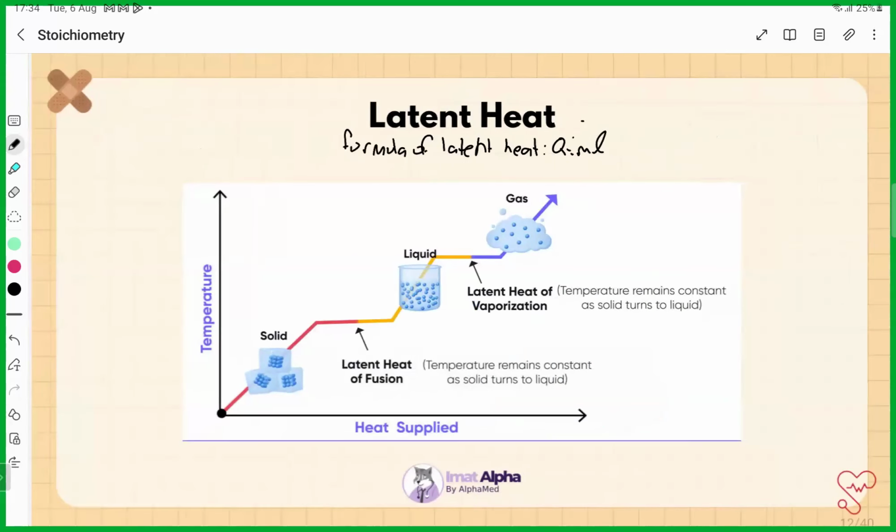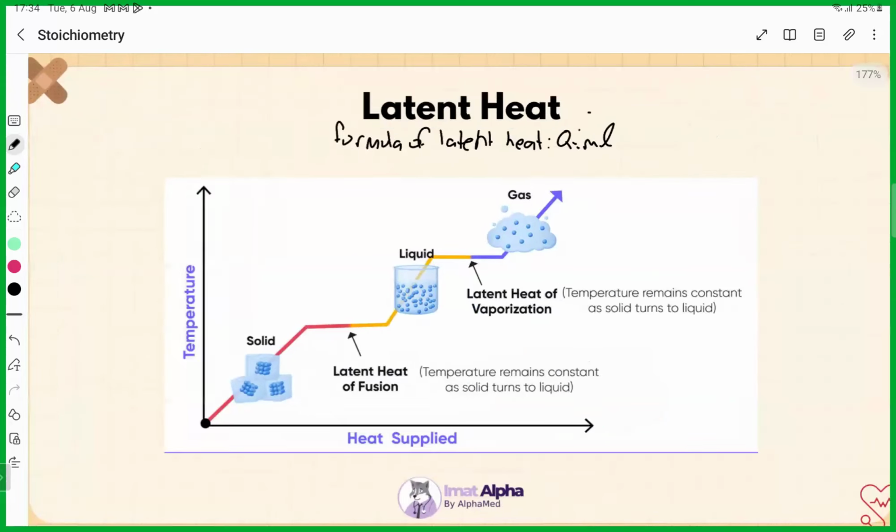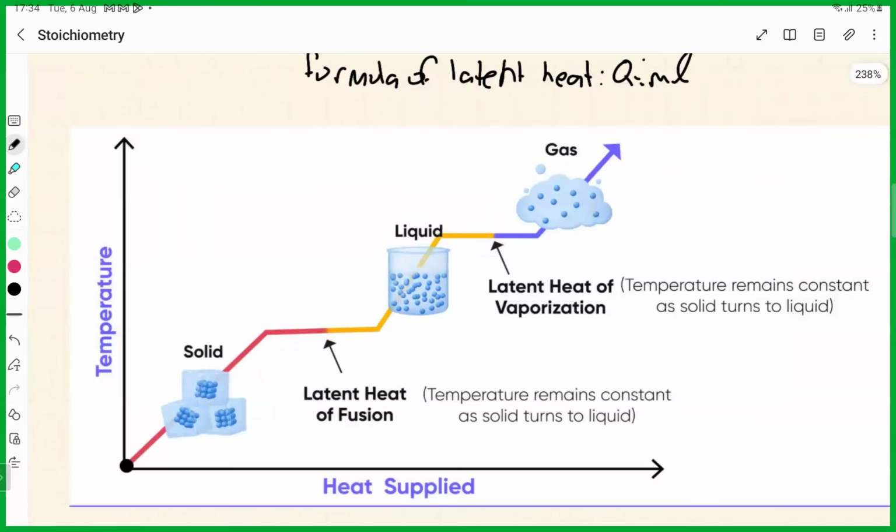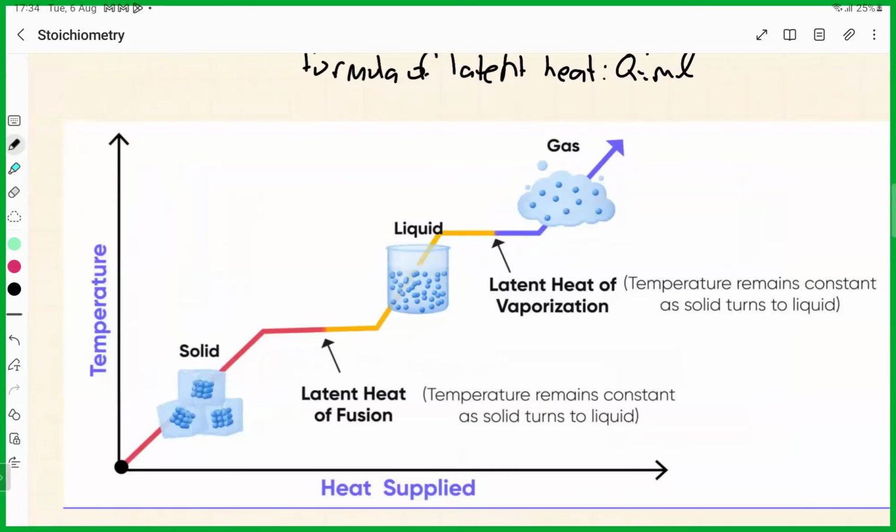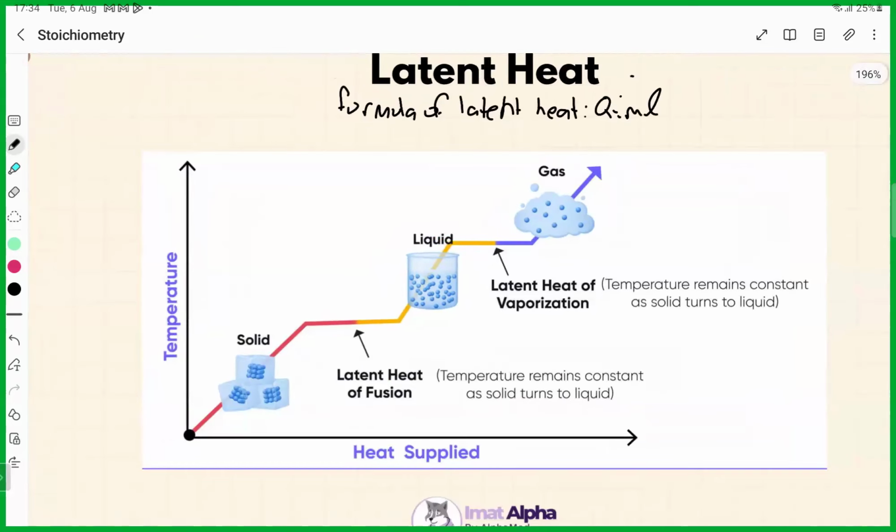First we have to see what the latent heat is, and then we go to the chart. Latent heat is the amount of energy, heat or calories absorbed or released by a substance during a change in state. And of course, we should keep in mind, without a change of temperature.